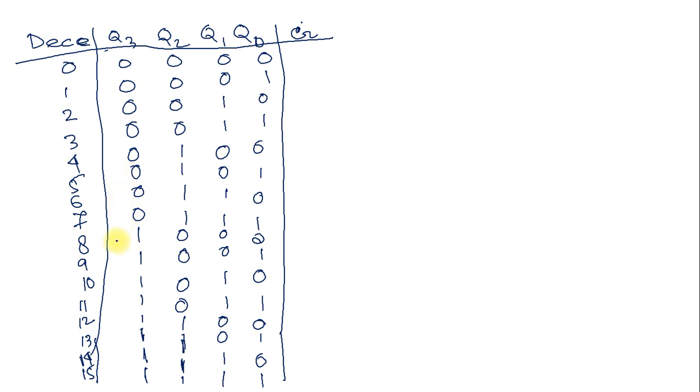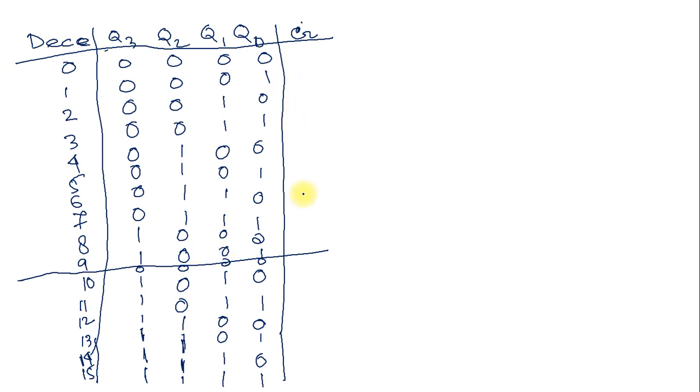Now we want to terminate this counting sequence after 9. After 9 we want to force the counter to be initialized. This can be done in two ways, as in the previous one.